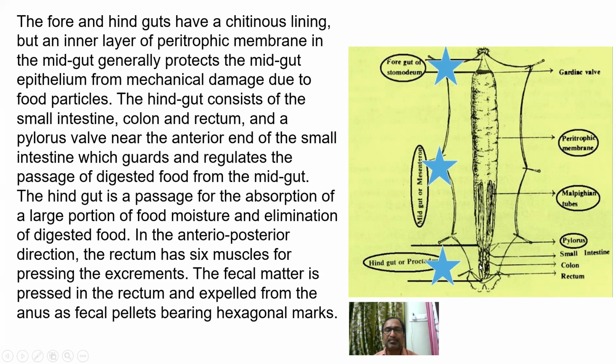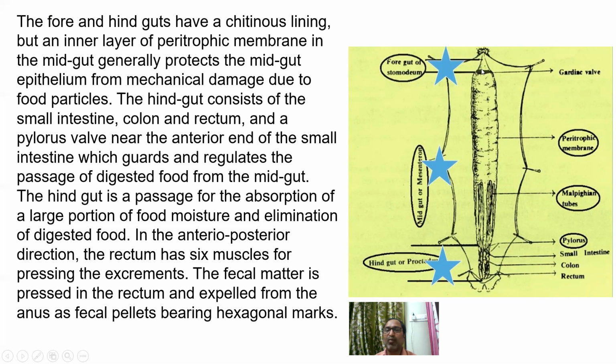The hindgut consists of the small intestine. So here we could find the small intestine. Everyone thinks the small intestine is present in the midgut region, but not so. Here you see the small intestine is present in the hindgut region, which guards and also regulates the passage of digested food from the midgut.